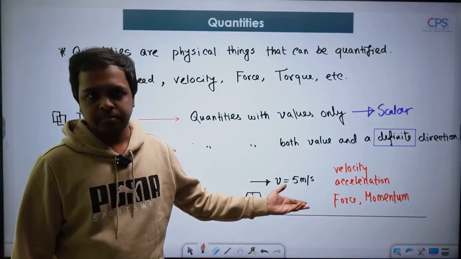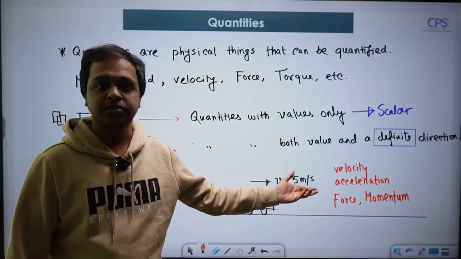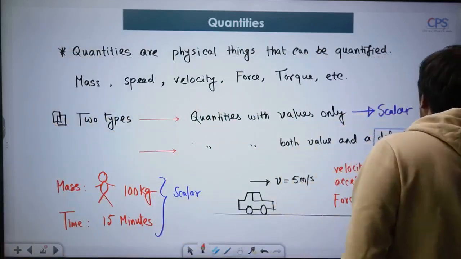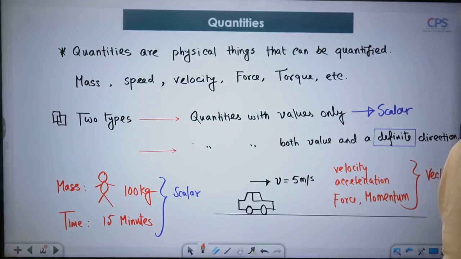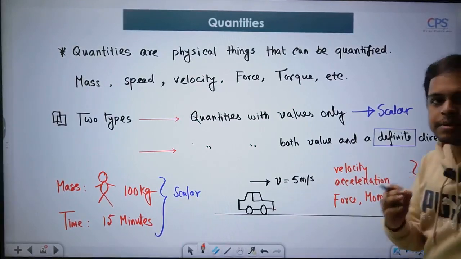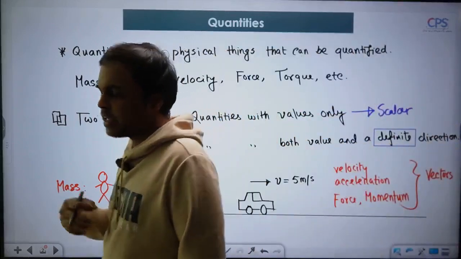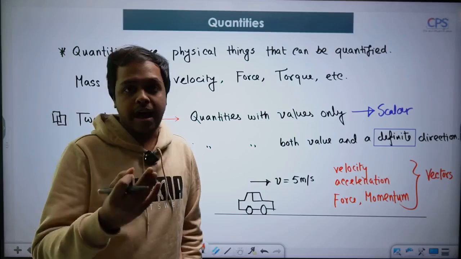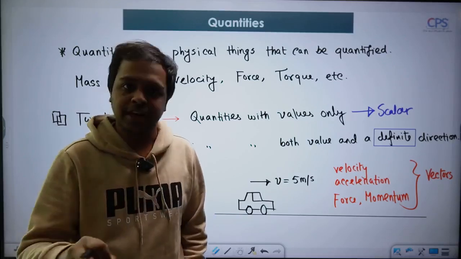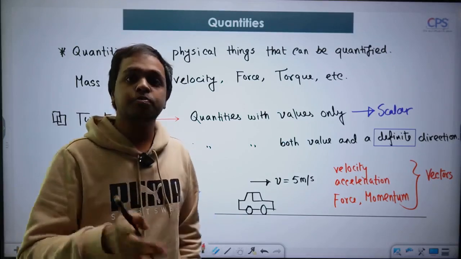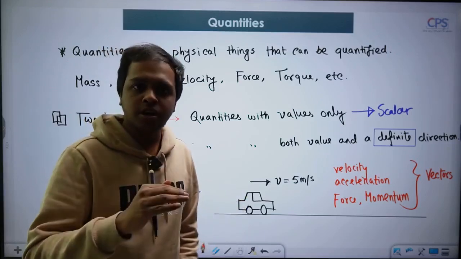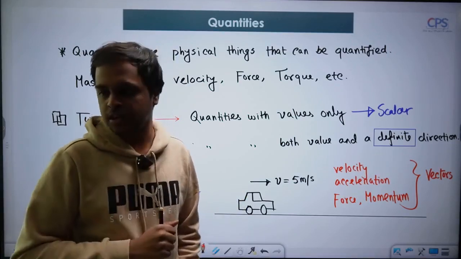So don't worry if you don't understand each individual one. Okay, so these are called vectors, things with both value and a definite direction. Just remember one thing, if you don't give a vector quantity a value and a direction, it can't be a vector. A direction has to go with it always, and if not, that's not a proper vector.